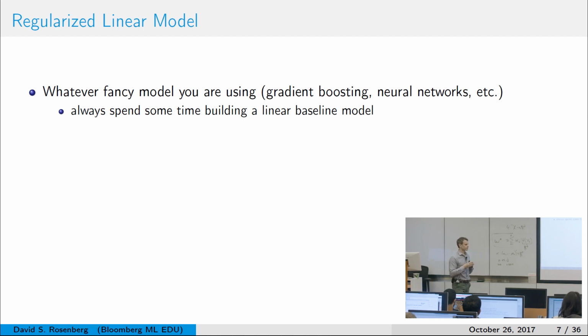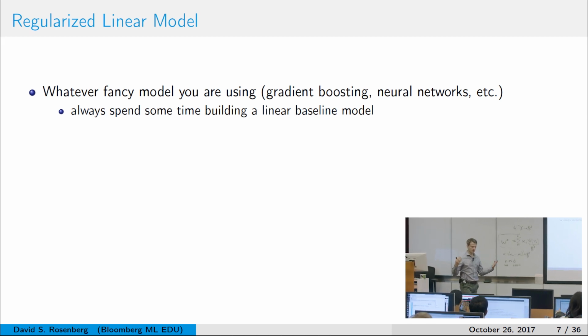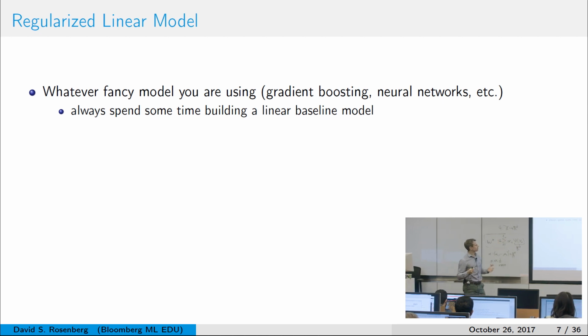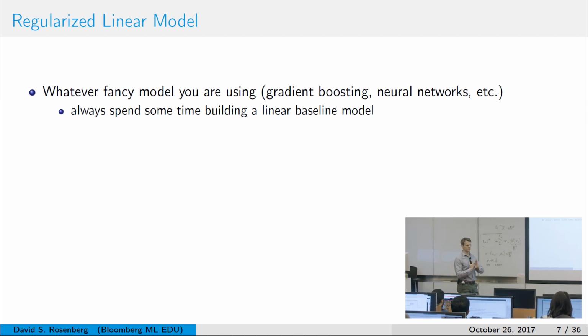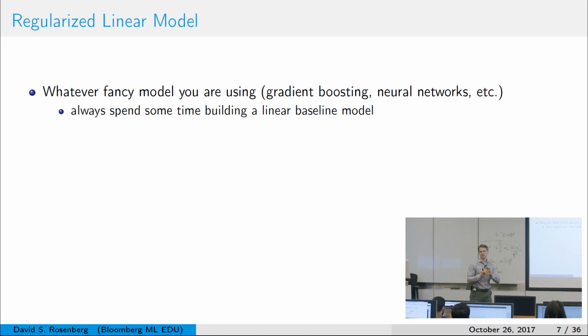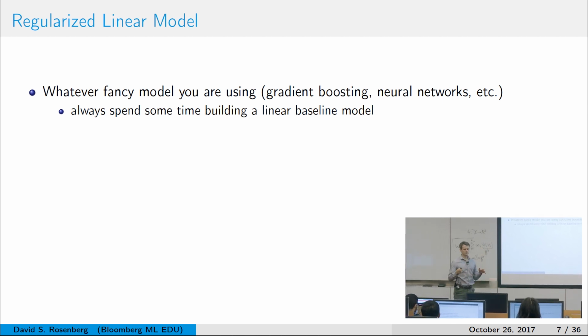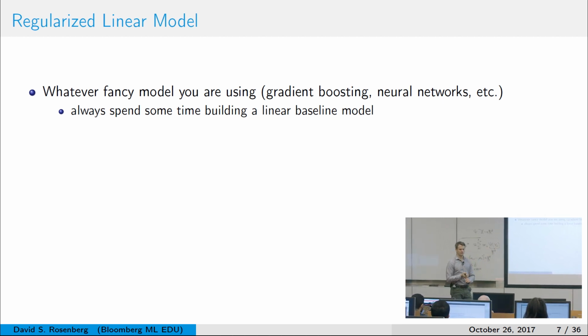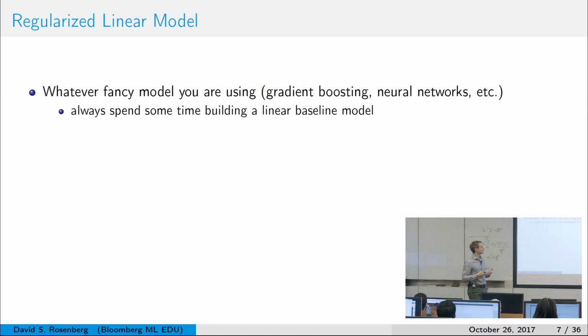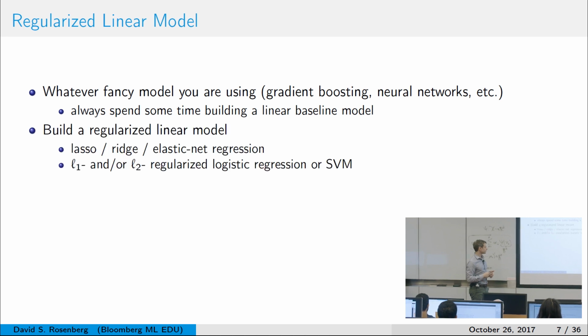So if you don't invest too much in feature engineering, implementing a regularized linear model, right? So that's regularized ridge regression or SVM or regularized logistic regression. These are linear models that are generally fast and easy to understand, and invest some time into those baseline models, probably before or concurrently with doing something fancier if you can.